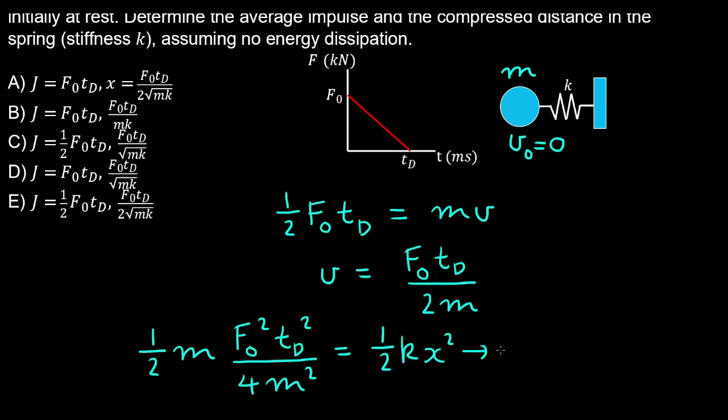So solving for x, we end up with F0 by td over the square root of 4 km, which is 2 root km.